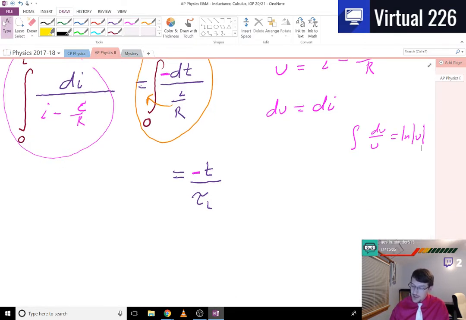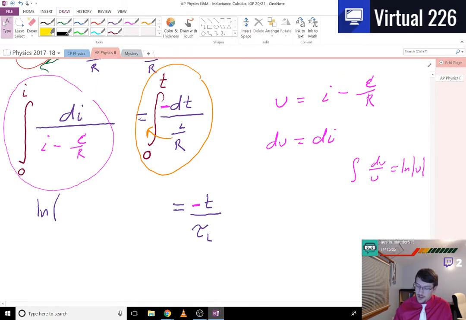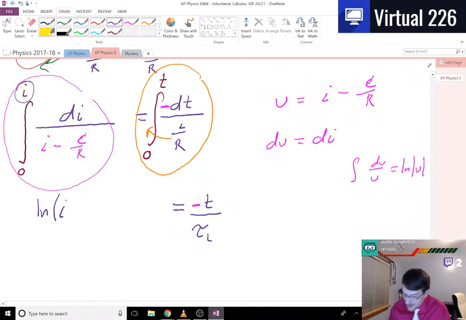In the end, though, what we're going to get here is the natural log of our u quantity. This is going to be I minus epsilon over R, and since we actually have our I here, this is going to be I minus epsilon over R, minus our lower bound.